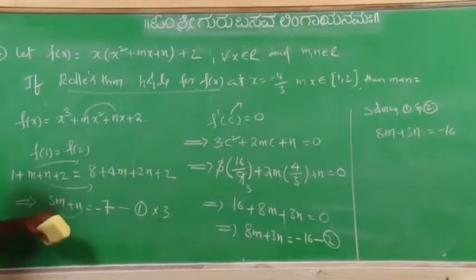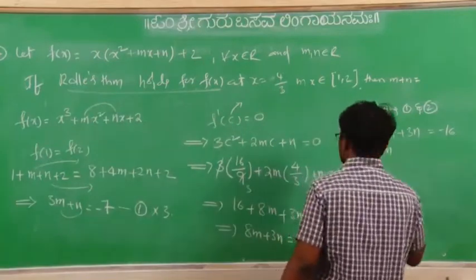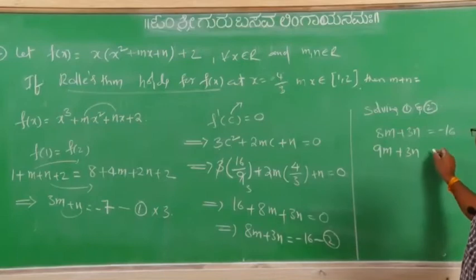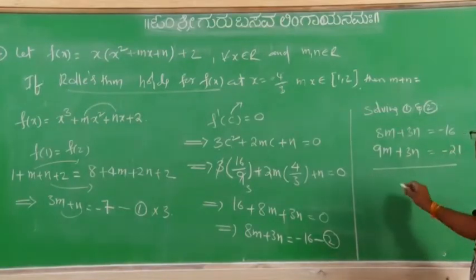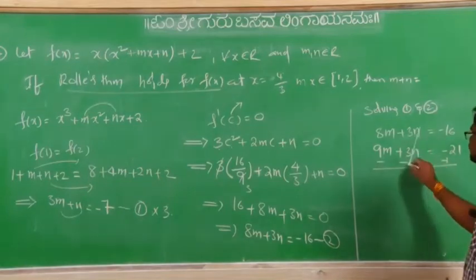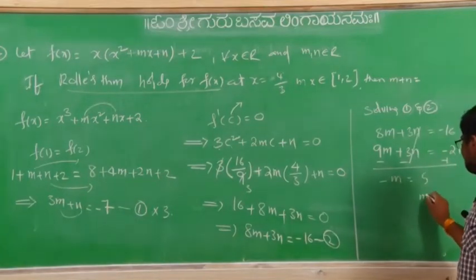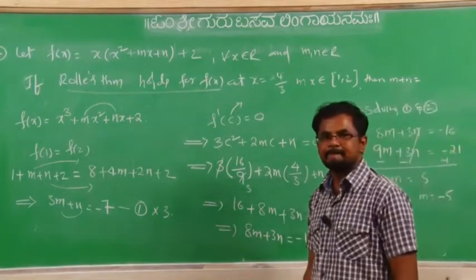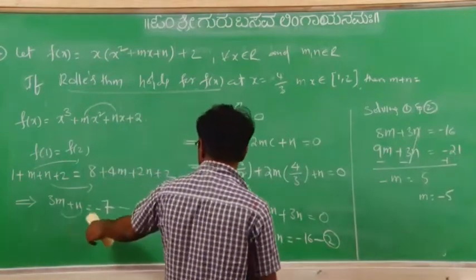If you multiply by 3, what will you get? 9m plus 3n equal to minus 21. So minus here, plus, these two get cancelled, minus m equal to 5, m equal to minus 5, right?